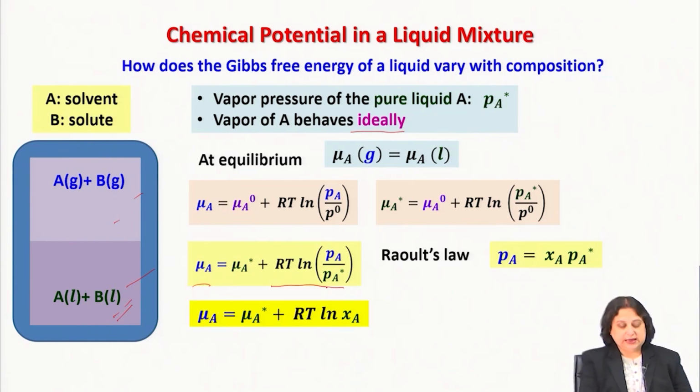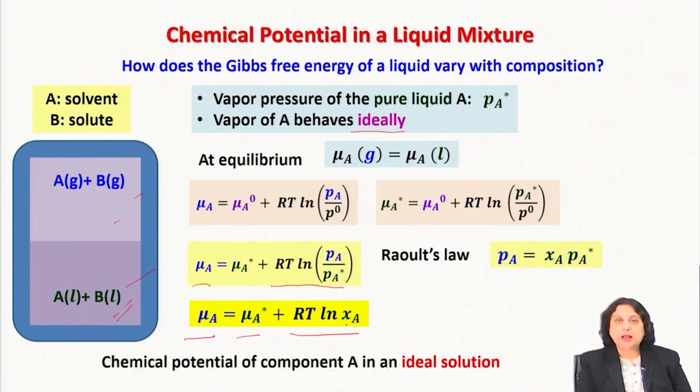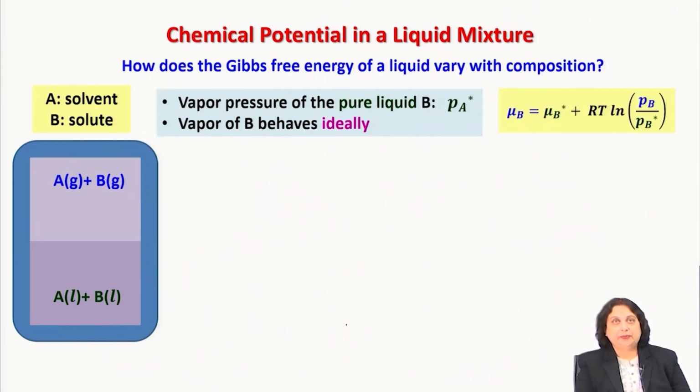Therefore I would say that the chemical potential of A in the vapor phase would be given by the chemical potential of pure liquid A, that is, the vapor pressure when you are thinking about the vapor pressure of the pure liquid A. In that case, you are going to have an additional term RT ln XA. Now, this expression is taken to be the defining relationship for the chemical potential of the component A in an ideal solution.